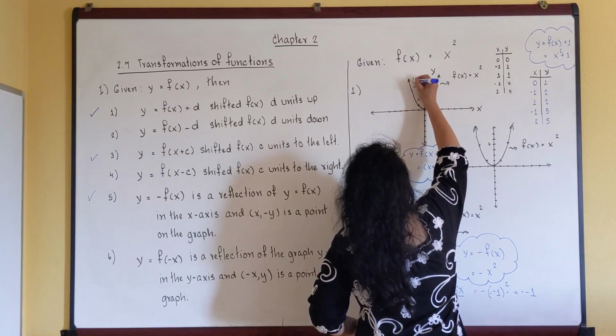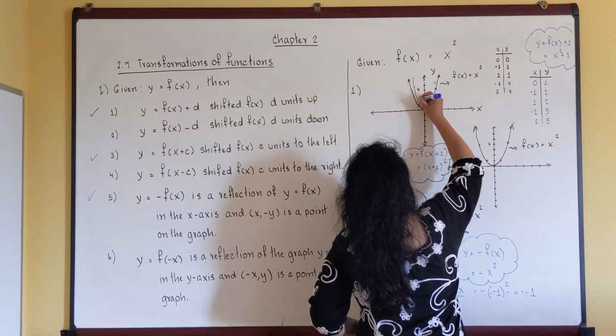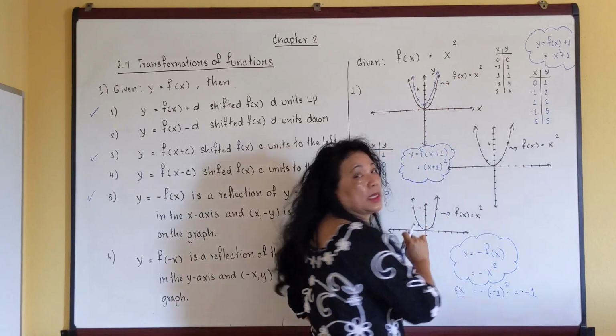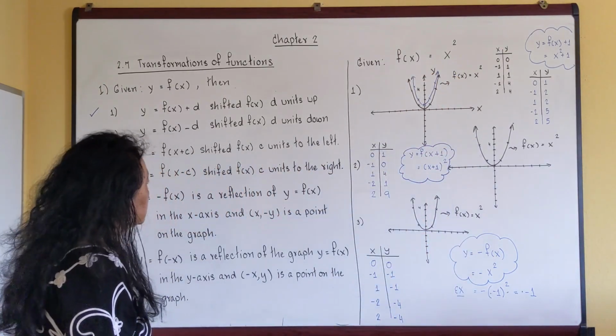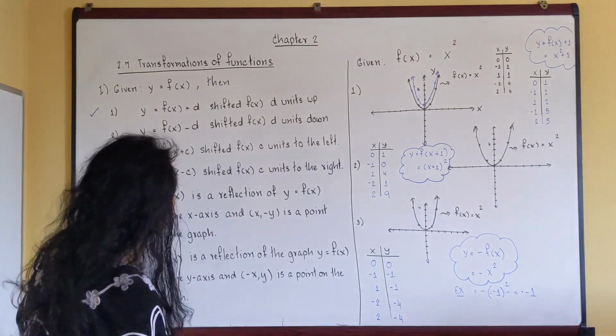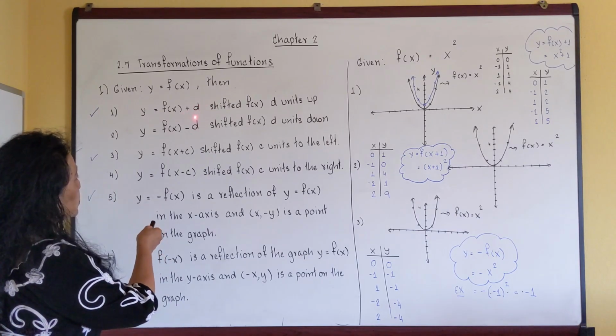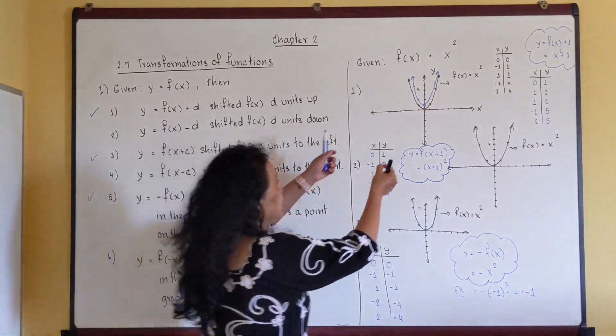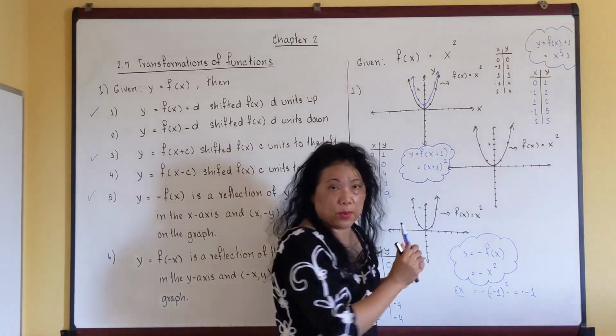So your graph will be the blue one right here. As you can see, the blue graph is shifted 1 unit up from the black one, as the theorem mentioned here. I add 1 to it, and the graph shifts 1 unit up. It's like you pick up the graph and bring it up 1 unit.